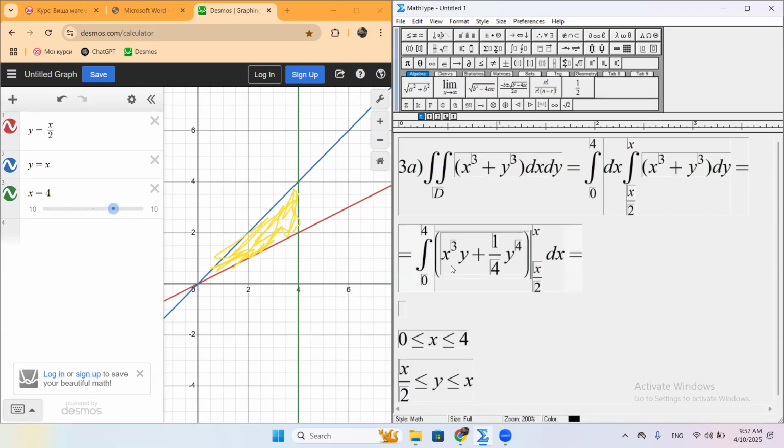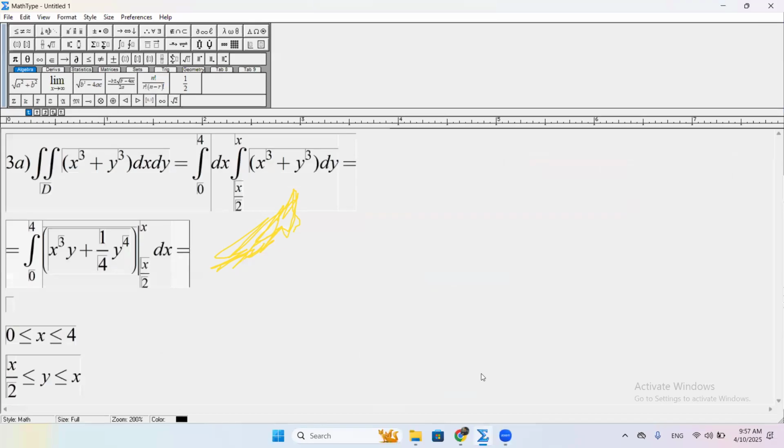Now we will substitute these values. Let me maybe expand this window. What do we have now?